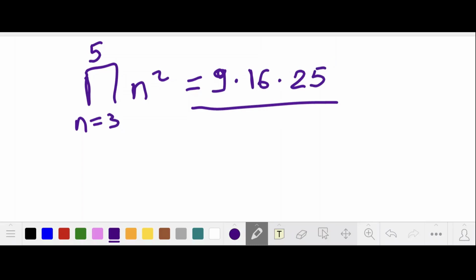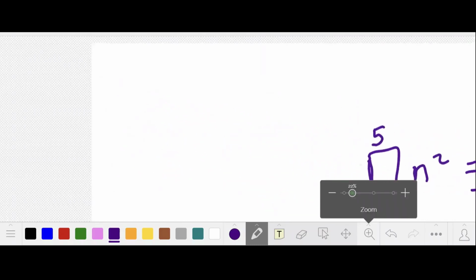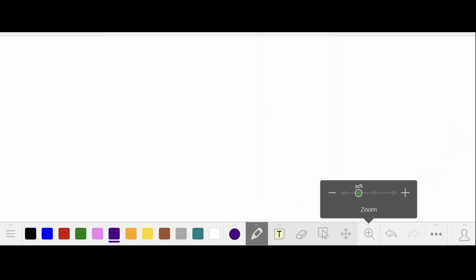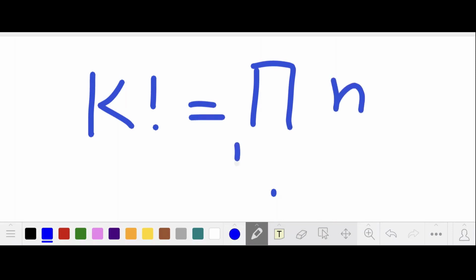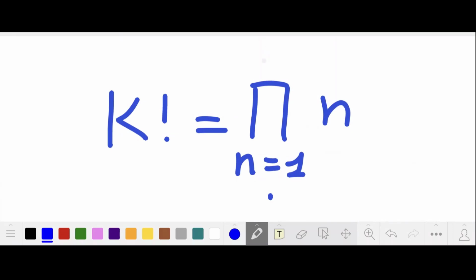Okay, so now we can construct the general product formula for n factorial, and now we know that k factorial equals the product of n begins at 1 and ends at k.